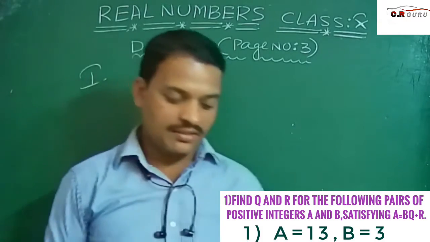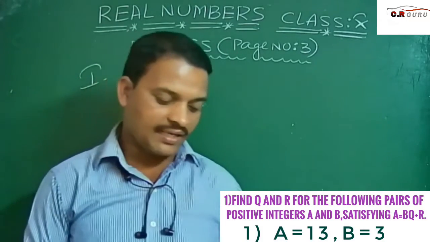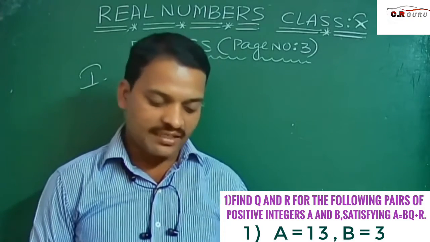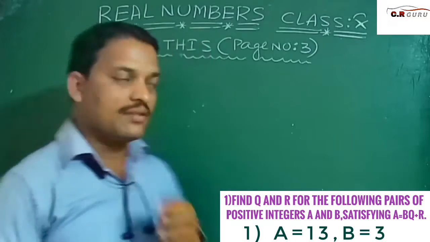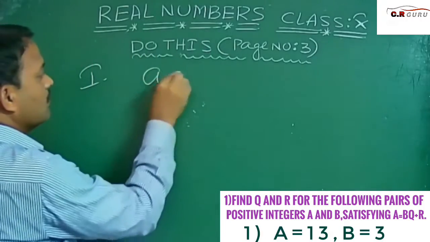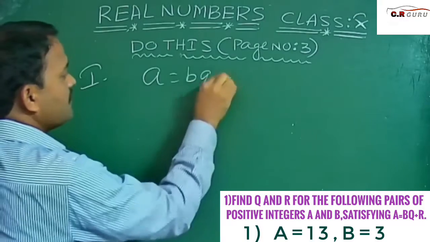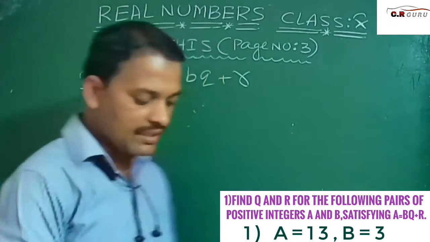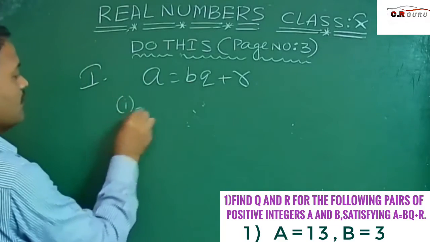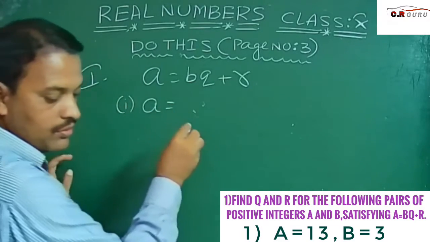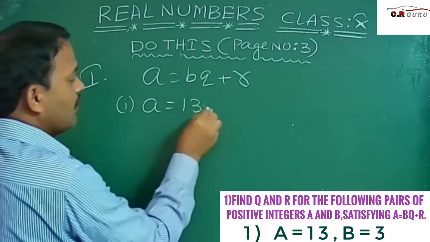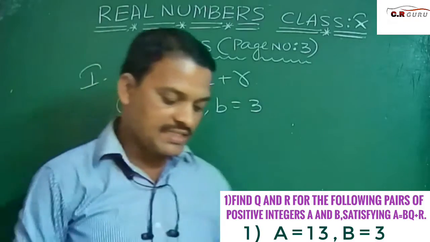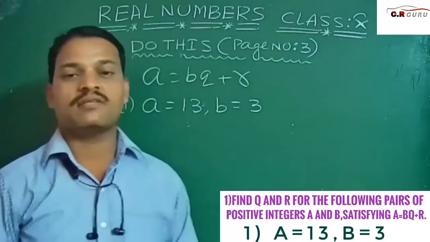What is the question? Find q and r for the following pairs of positive integers a and b, satisfying a = bq + r. Based on that, in the first question a = 13 and b = 3.